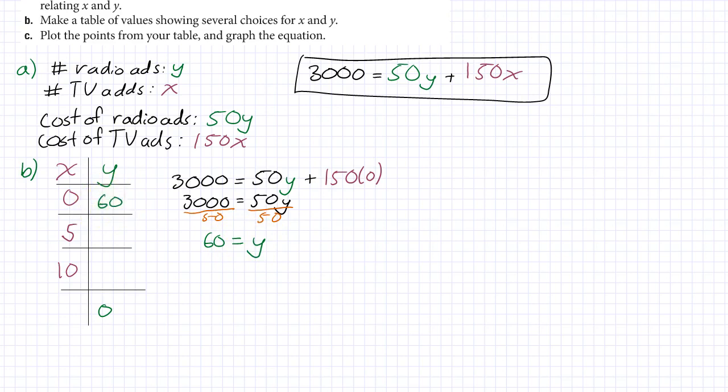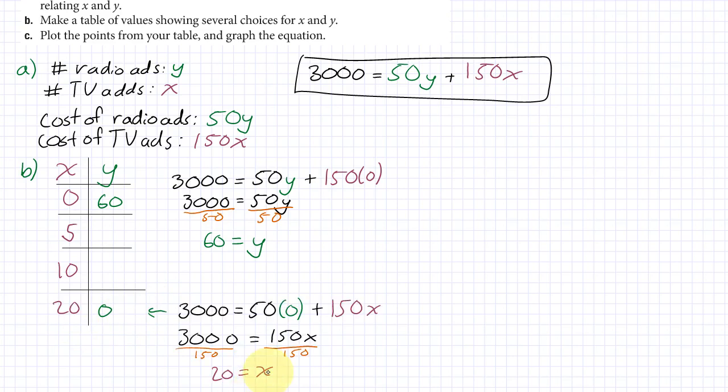Let's think about what that means for a second. This is saying 0 is the number of TV ads, so the y-intercept here tells you that if he gets 0 TV ads, then he can buy 60 radio ads. Let's do the same thing over here to find what x is if y is 0.